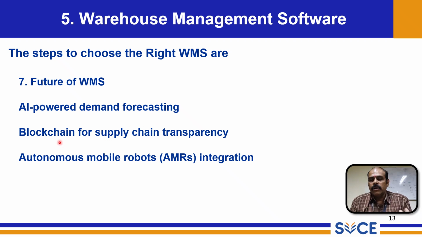Then blockchain. Or today we might be running AGVs, but tomorrow we might migrate to AMRs. Is it possible to accommodate such things? That will be the thought process, because we often cannot go for fresh investment. So we should think about all these activities from day one itself. Proper planning is highly essential in this regard.